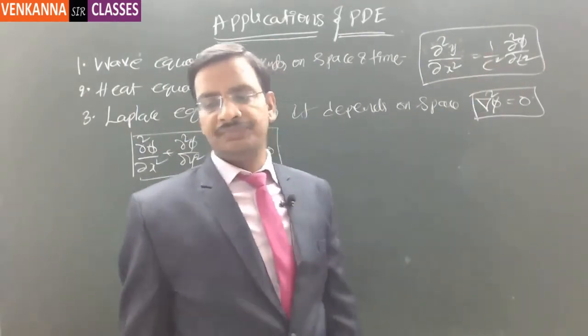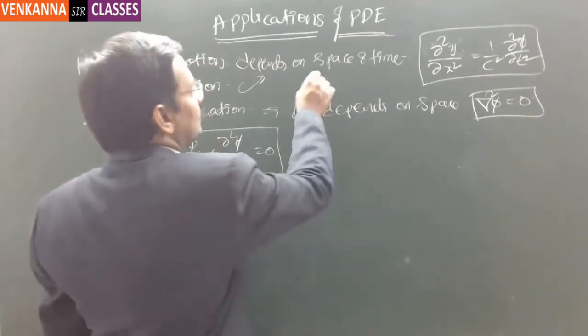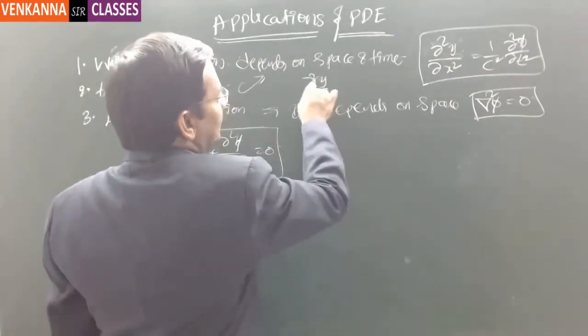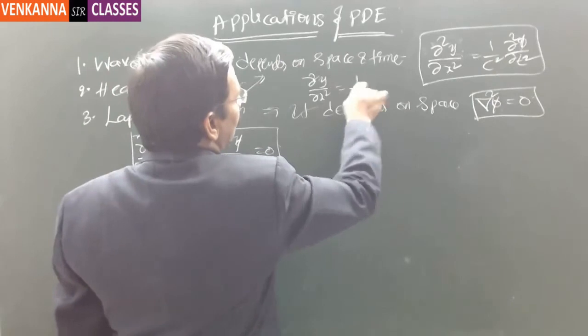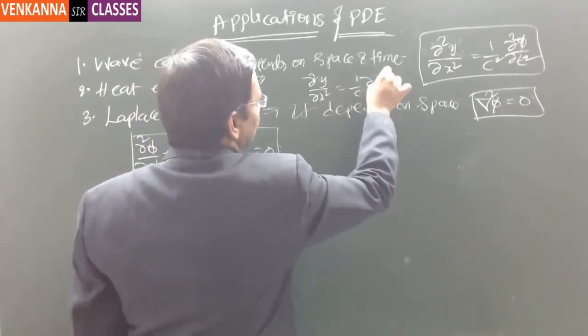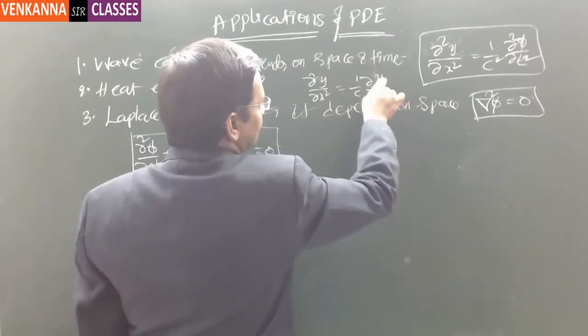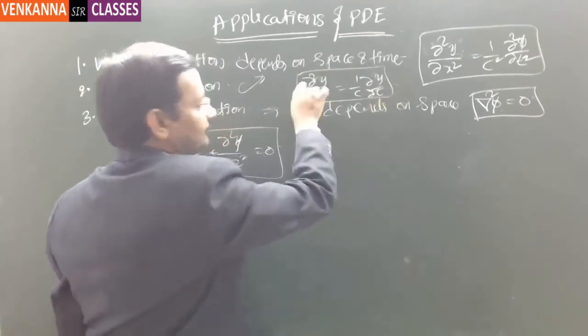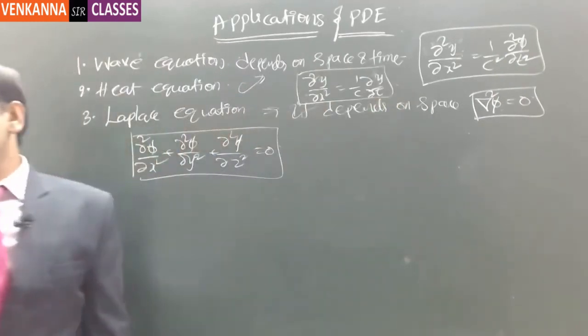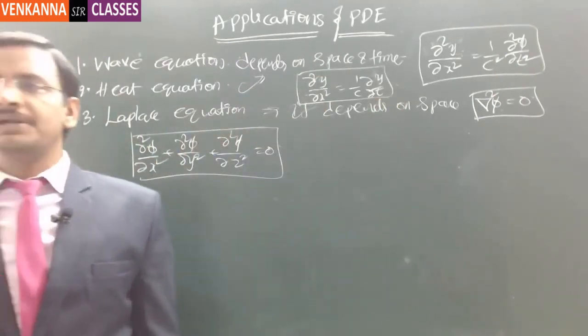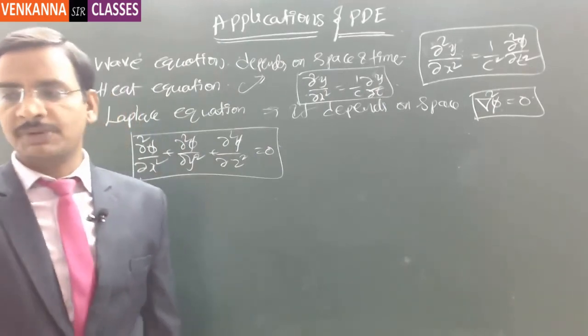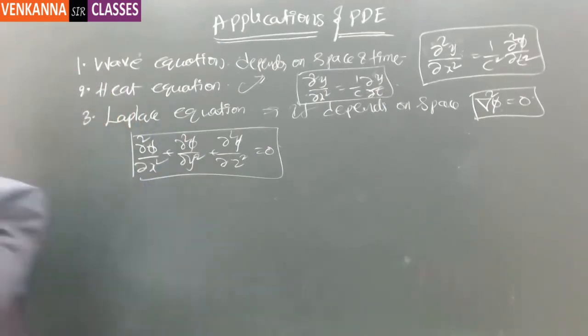And another is dou square y by dou x square is equal to 1 by c dou y by dou t. So this is the heat equation. Got it? These are the three different important equations which we are going to discuss as part of the applications of partial differential equations.